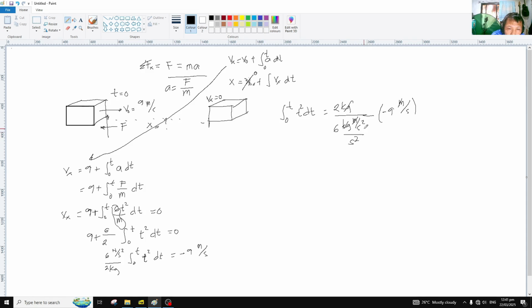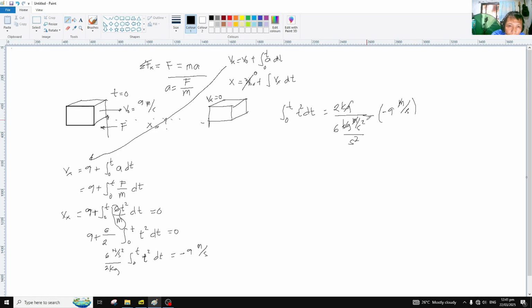This actually is second to the fourth, at this side. Both of these are actually per second squared. That would be second to the fourth. But this one is meters per second. Actually, it's up there, second to the fourth.